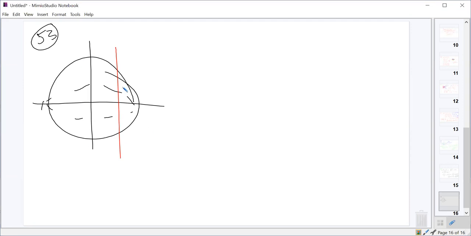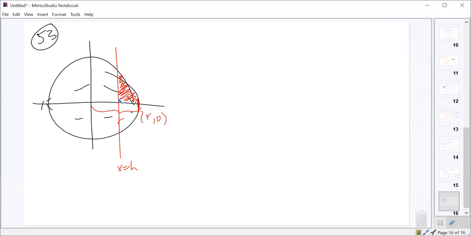I'm dividing it here by this plane. This is the line x equals h. This is my radius here. So this is the point r comma 0. Effectively, what I'm doing is I am taking this and rotating that region around the x-axis.